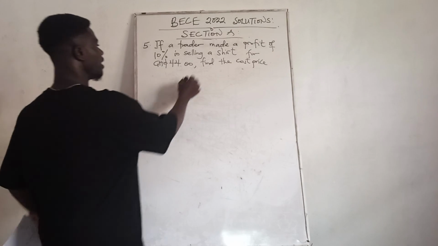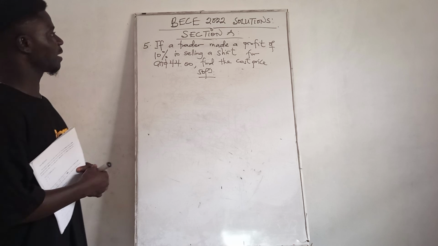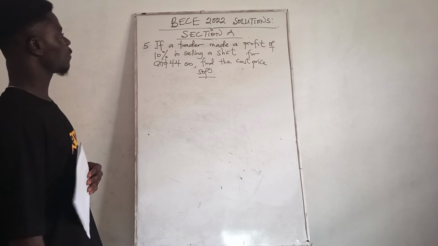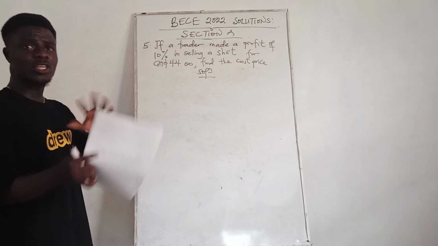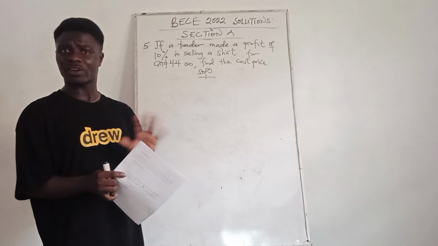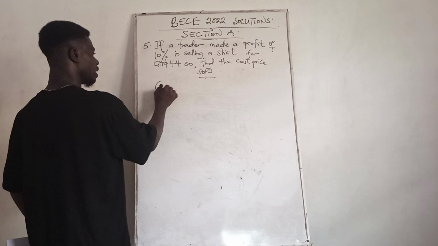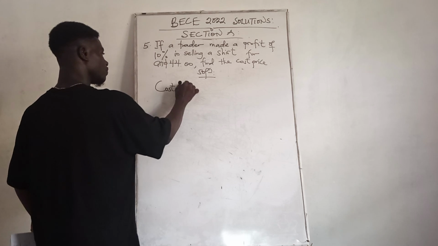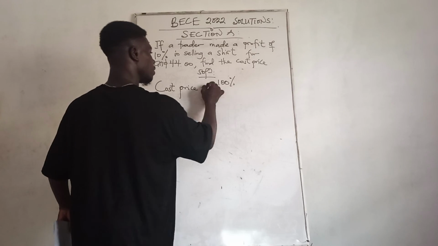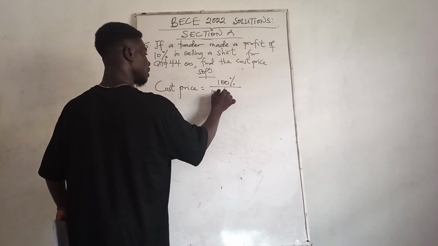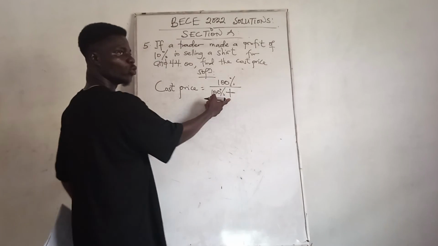If a trader made a profit of 10% in selling a shirt for 44 Ghana cedis, find the cost price. Now we can use the formula, which is very, very simple. Take note, we have to find the cost price. So the cost price is equal to 100% over 100% plus, because this one is profit, we do plus.